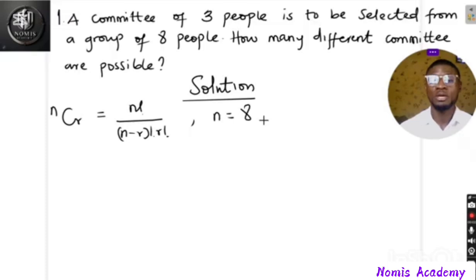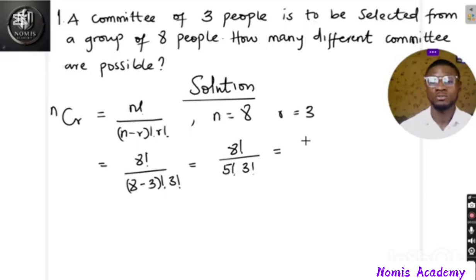So n is 8, and then our r is 3. So let's input the values of n and r into the formula. So this is 8 factorial all over 8 minus 3, which is 5 factorial, multiplied by 3 factorial. Let's express this.